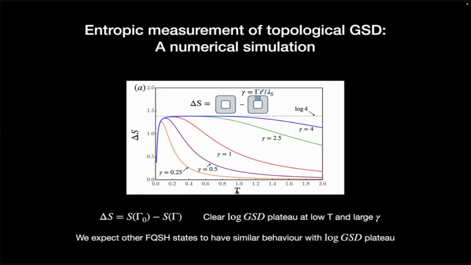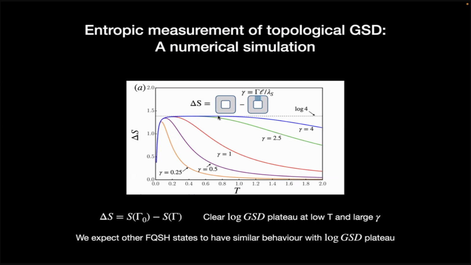This is because when the temperature is low enough, this S gamma 0 will essentially contribute a log 4. But for this S gamma, it will not contribute anything, because if the temperature is low enough, the excited states will not contribute, and the ground state degeneracy is lifted when gamma is large enough.